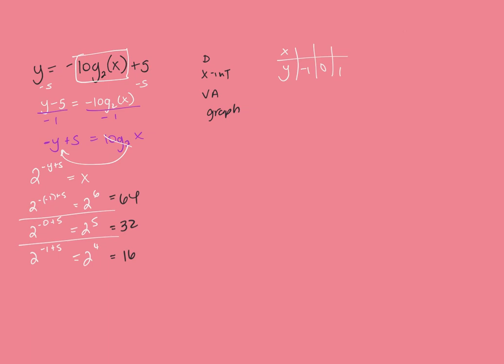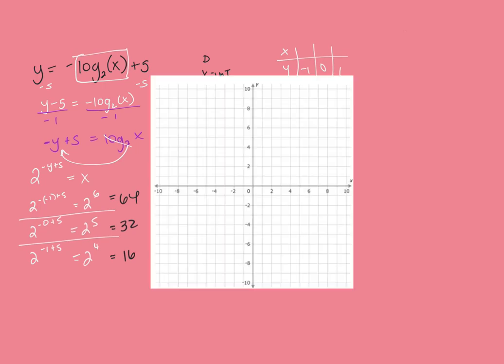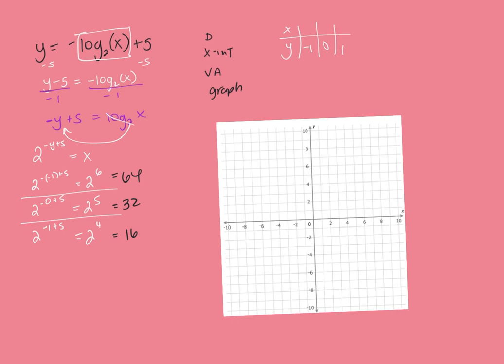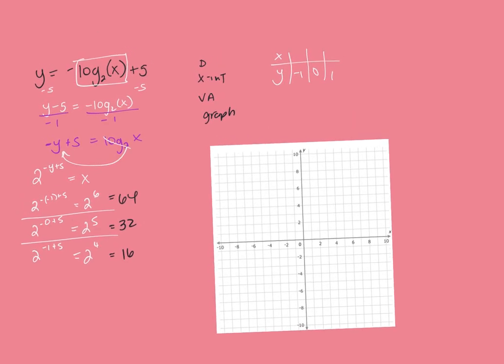Pull in a graph. You're all the way up here, all the way up here, all the way up here. All those points are going to be way up there. If you want to get more of a curve, you could continue to plug in. Notice they're getting smaller.